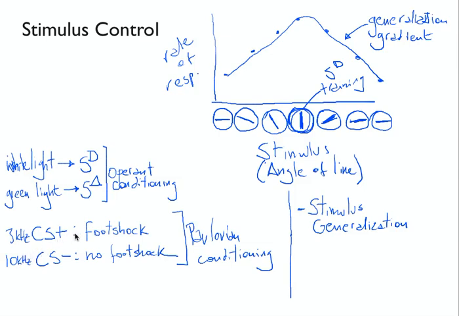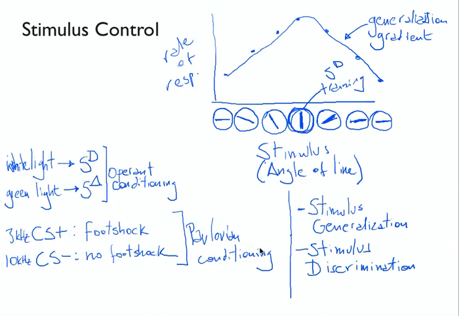Right. The flip side, of course, of stimulus generalization is stimulus discrimination. Let's put it here. Stimulus discrimination. And this is where the term discriminative stimulus comes from.